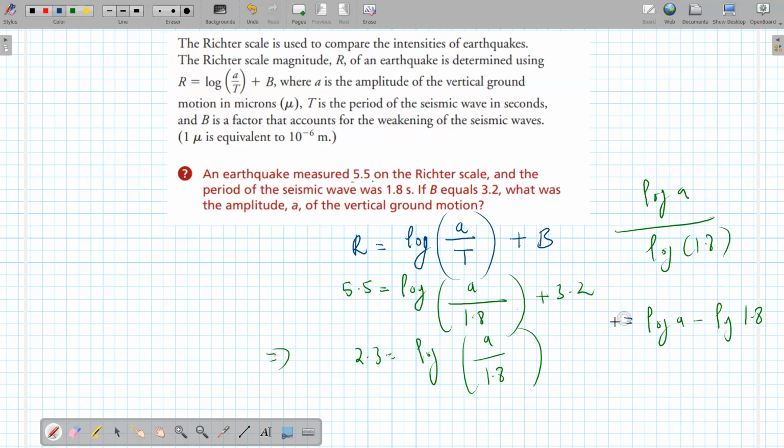That's one way of doing it. So if you do it this way, this is what you get. You want to add log of 1.8 on both sides. This becomes log of A. This is simply a constant. 2.3 plus log of 1.8 is 2.56 or 2.6. Now how do you solve for A?